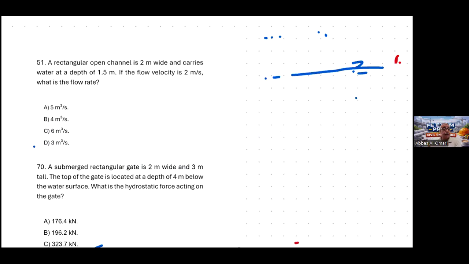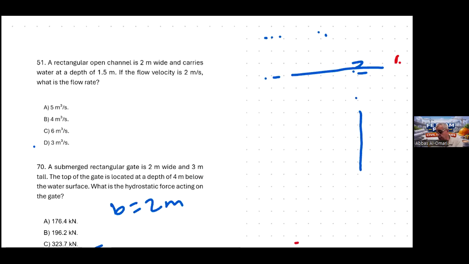Now we know the gate is 2 meters wide. B equals, the width is 2 meters, and the gate is 3 meters tall.